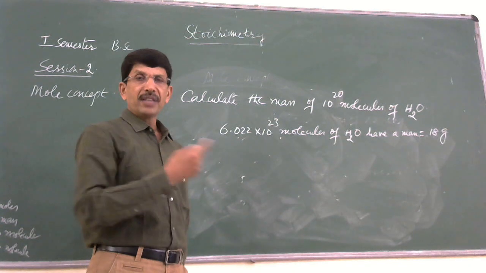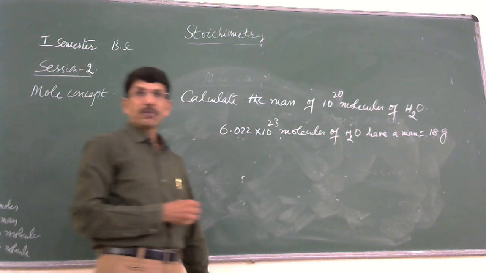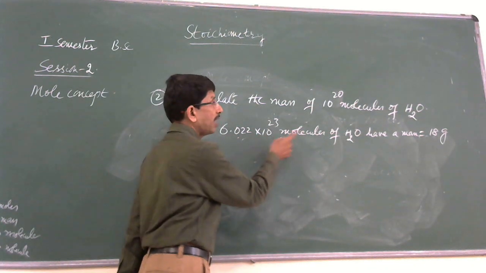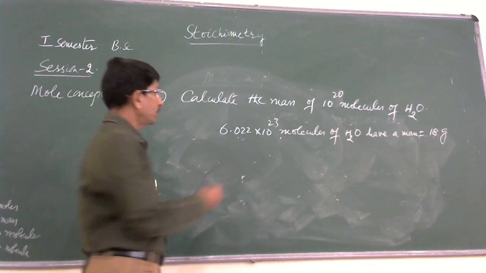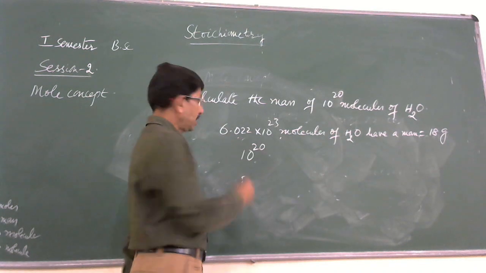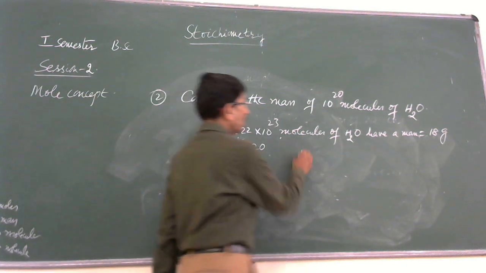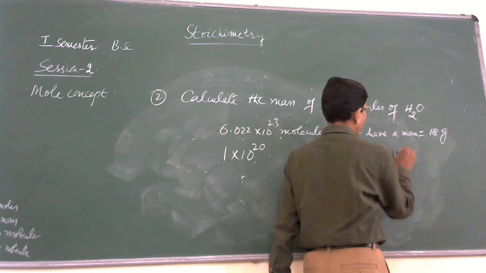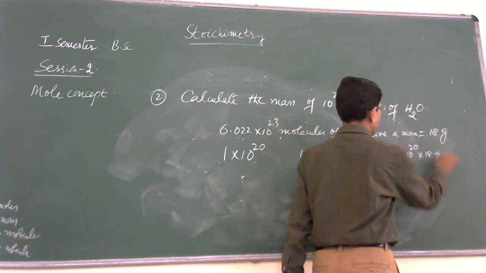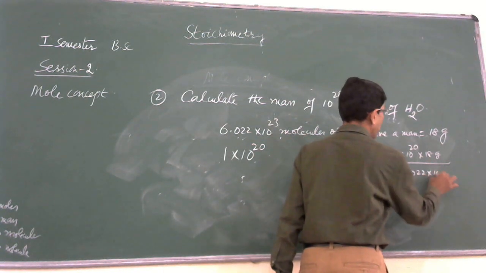So when so many molecules of water weigh 18 grams, what will be the weight of 10 to the power 20? That is 1 into 10 to the power 20. So this would be equal to 1 into 10 to the power 20 into 18 grams divided by 6.022 into 10 to the power 23.